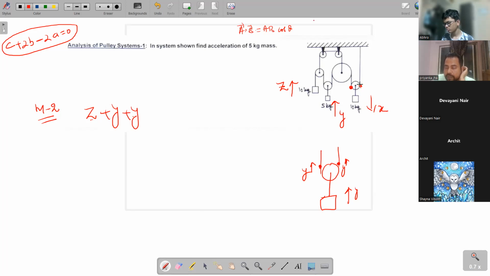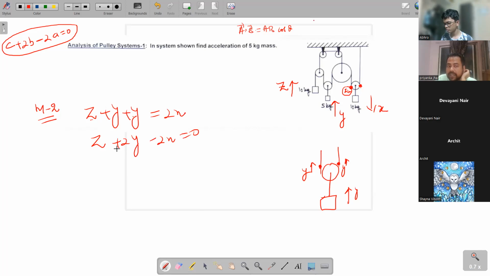So this part of displacement should happen on this path only. So this will go down by x, 2x. So this is the amount by which the string got slacked, and this is the amount by which the string will be tightened up by this displacement. So this is 2x. So z plus 2y minus 2x equal to 0.